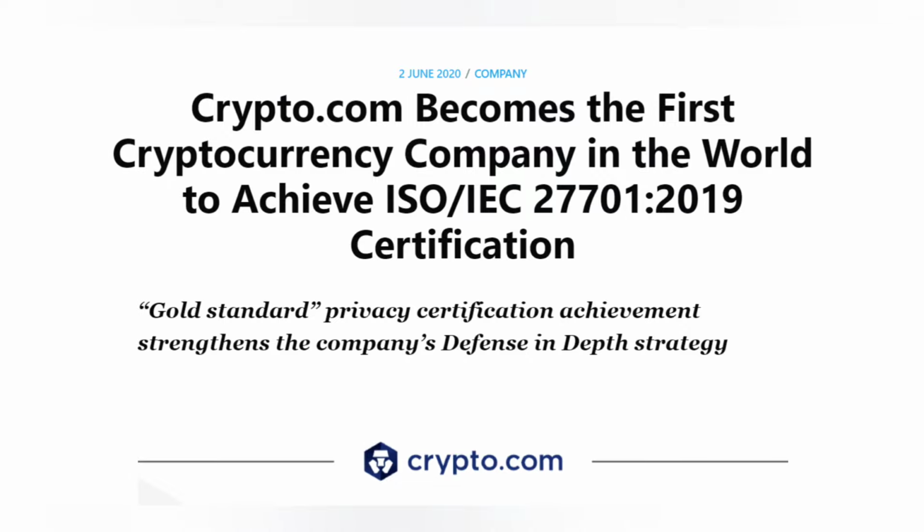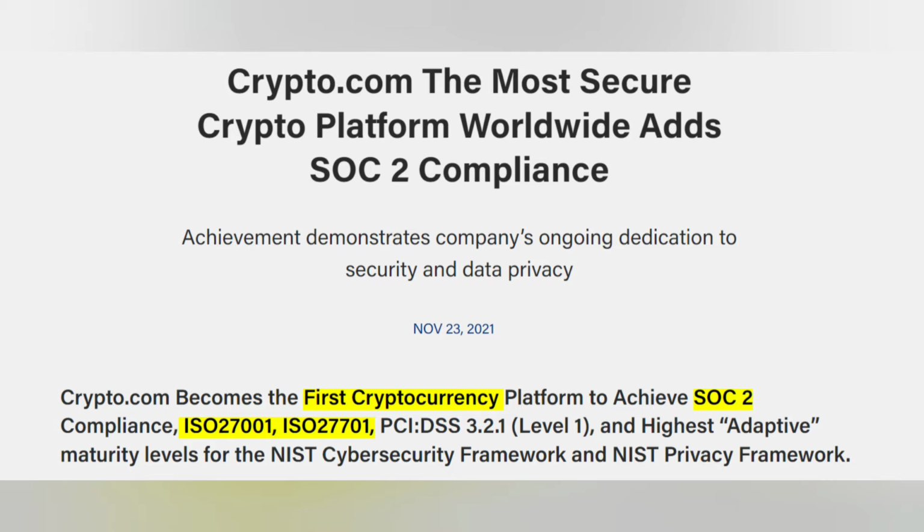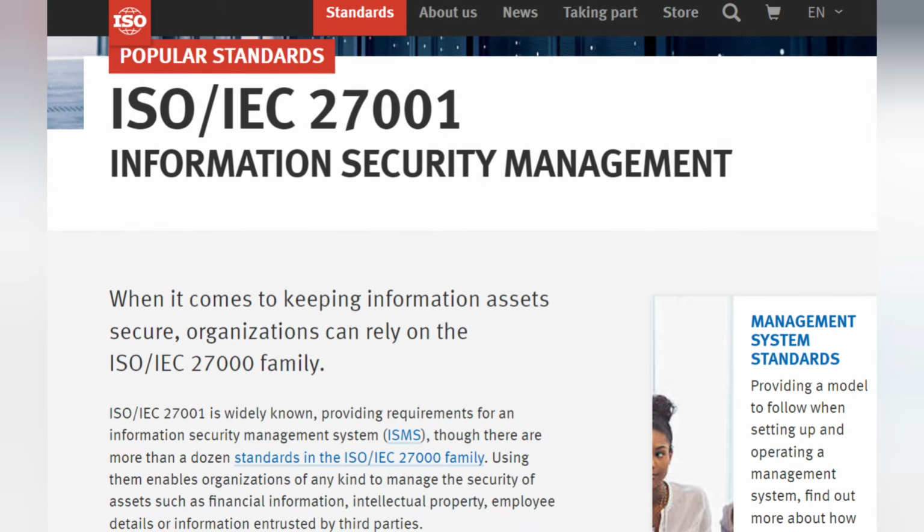By November of 2021, they added 2 more in the form of ISO 27001 and the SOC2 compliance. That same SOC2 compliance is the one that Ripple has, and the same ISO standard that is listed on the website under IT and security standards.